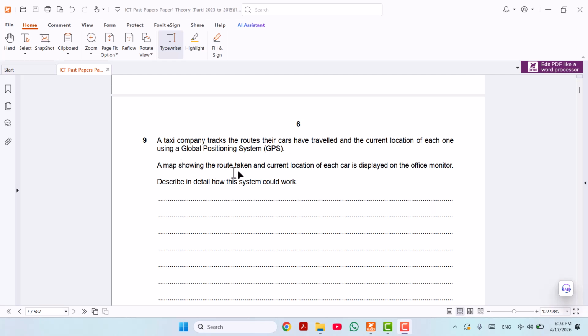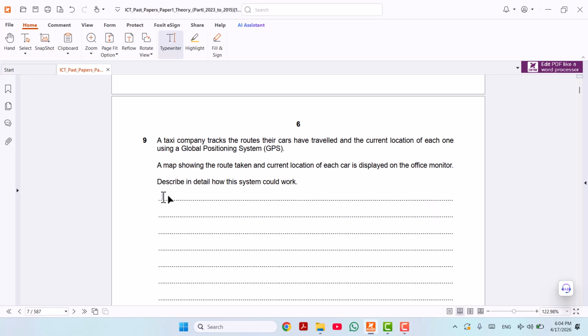A map shows the route taken and the current location of each car is displayed on the screen. Describe in detail how this system could work. He wants us to explain how this company tracks the cars using GPS and how it happens inside the computer.